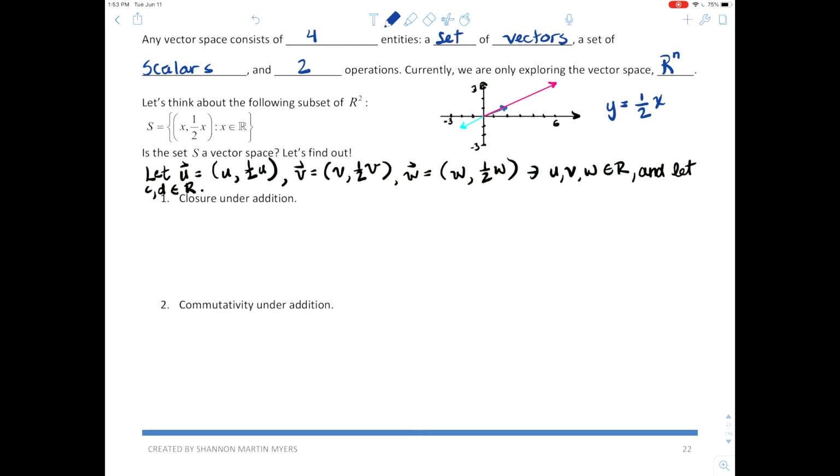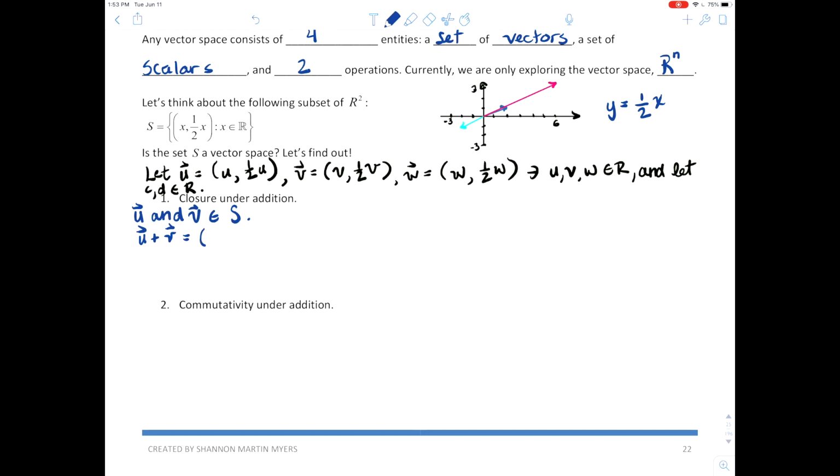So closure under addition. Would you agree that our vectors u and v belong to the set S? We have them in that format, correct? So now we need to see what u plus v is.